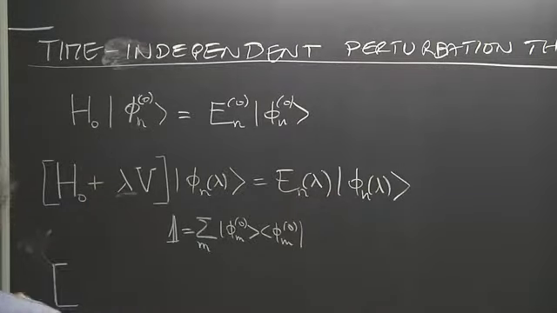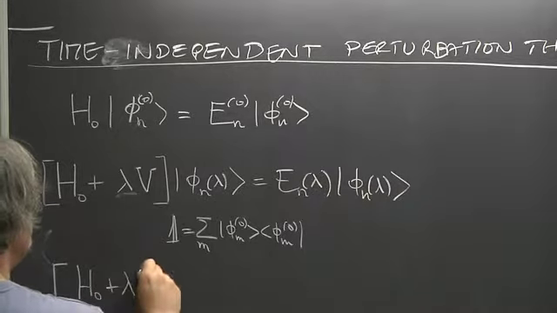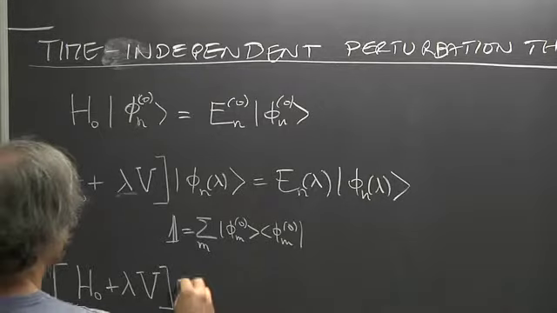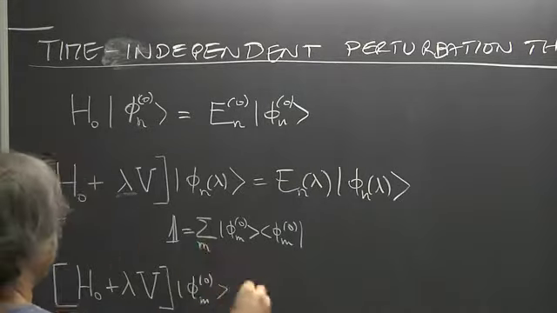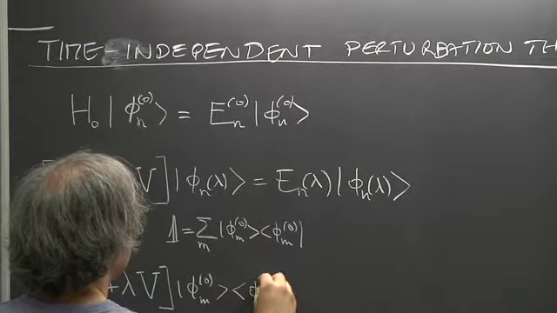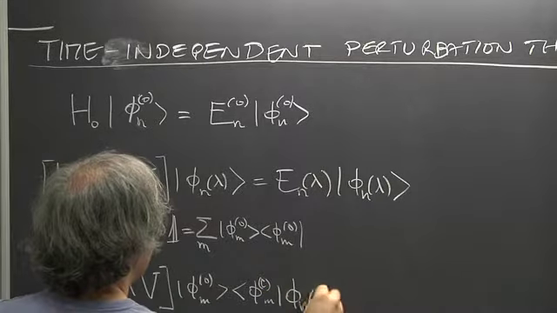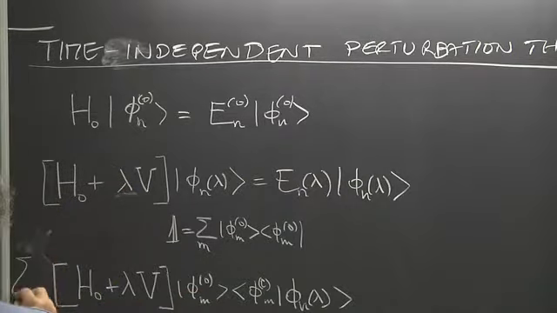All in all, what you have is the following, that the matrix element of H0 plus V between the state phi 0 m and phi n of lambda, summed over n.